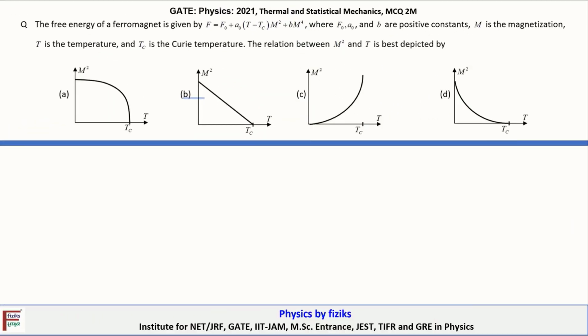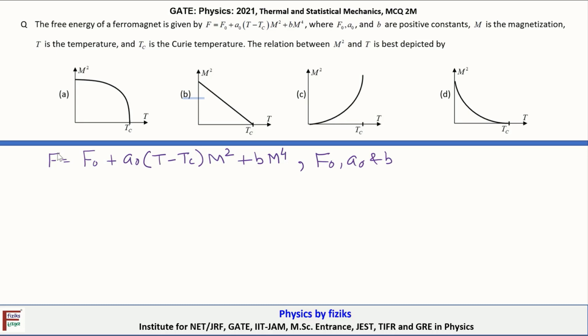So let's take a look at the next statement of the problem. The free energy of a ferromagnet is given by F = F naught + A naught (T - Tc) M square + B M4, where F naught, A naught and B are positive constants.